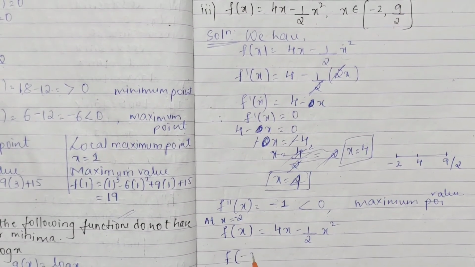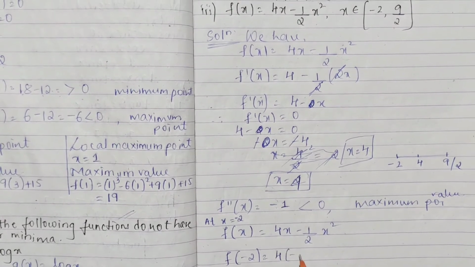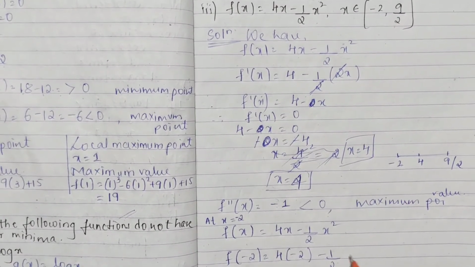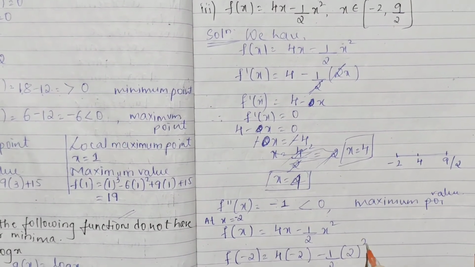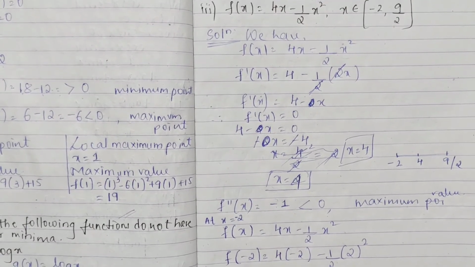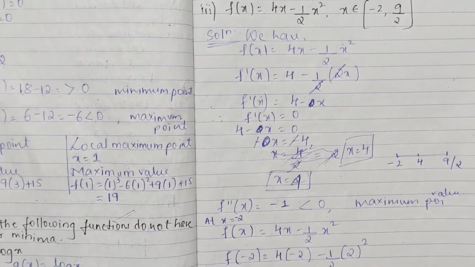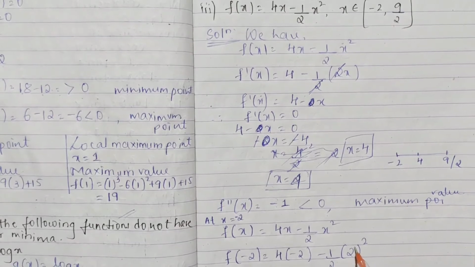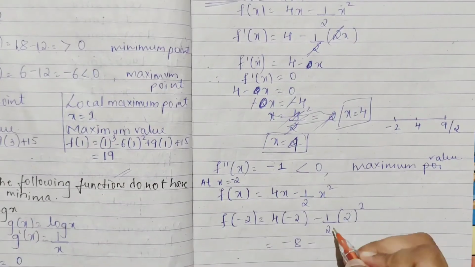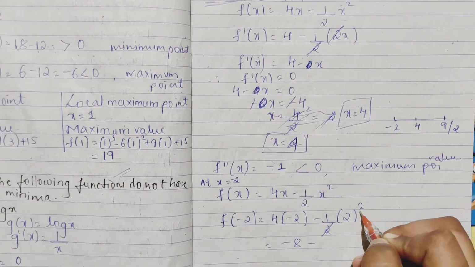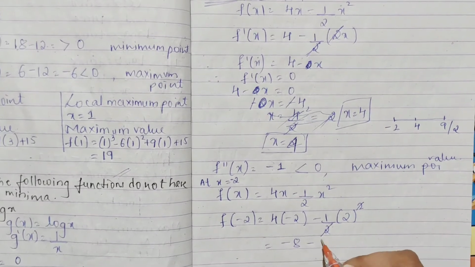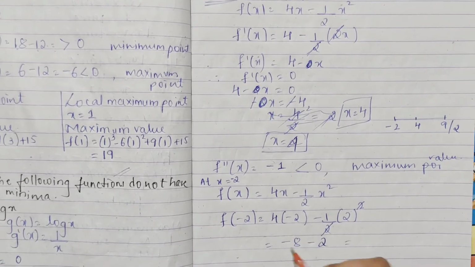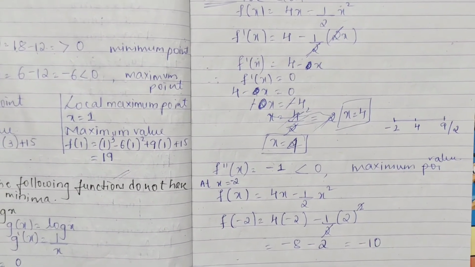So f of minus 2, if you put, 4 into minus 2, minus 1 by 2 into 2 square. Here you will get minus 8, and here the 2 gets cancelled, 2 twos are 4, so you will have 2 remaining. So minus 8 minus 2, it is minus 10.